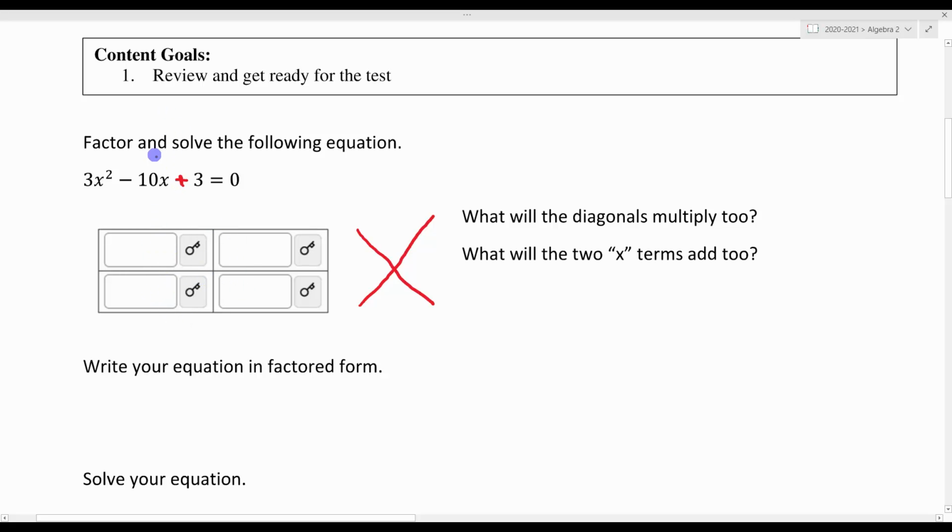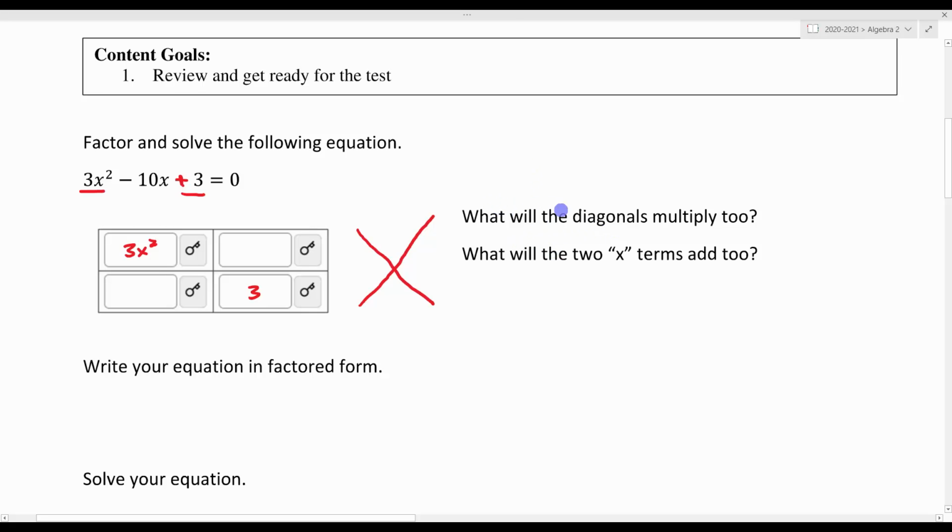So the first two boxes we can fill in very easily are this first term, this 3x squared, which goes in the upper left-hand box. And then the constant on the end here, this plus 3, is going to go in the bottom right-hand box. Then this is where I would stop and focus on these two questions that they ask you: what will the diagonals multiply to, and what will the x terms add to?